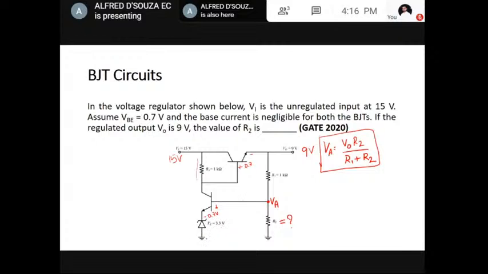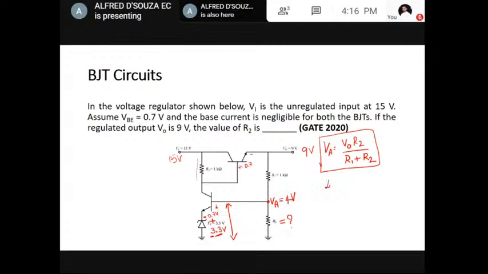So we can safely assume that this zener diode is in the breakdown region. Then it will have 3.3 volt across itself. So you can find the voltage from here till here. That is very simple: 3.3 volt plus 0.7 volt, because of the voltage polarity, will be 4 volt.